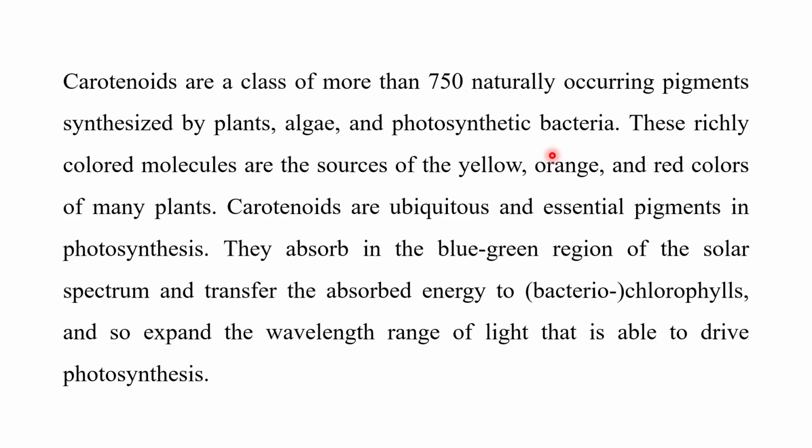Okay, so that's how carotenoids act as photoprotective agents inside plants, algae and other photosynthetic bacteria. So along with assisting in photosynthesis by expanding the wavelength range, they also have the ability to protect the DNA, the genetic material, of these organisms.